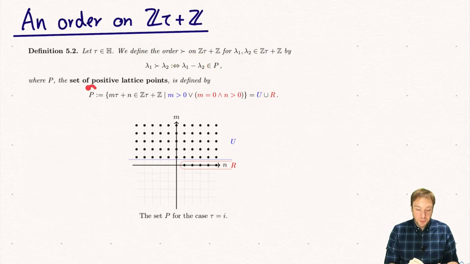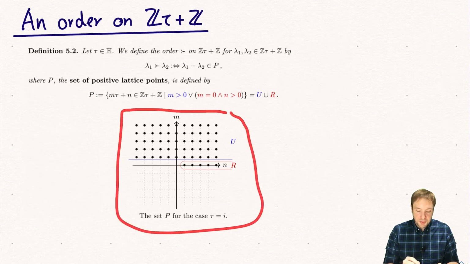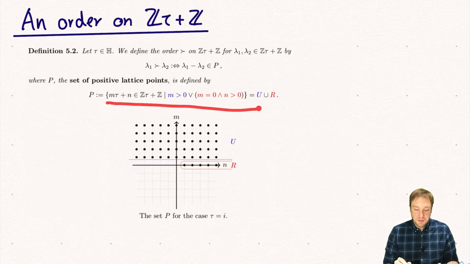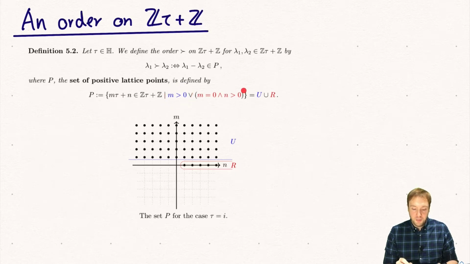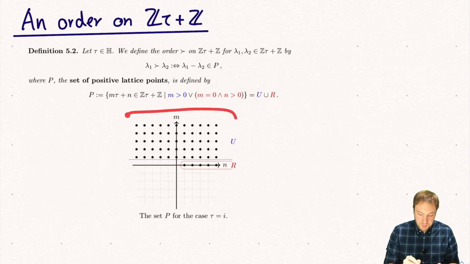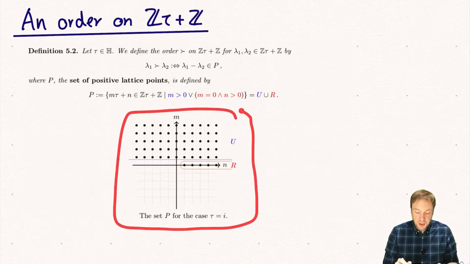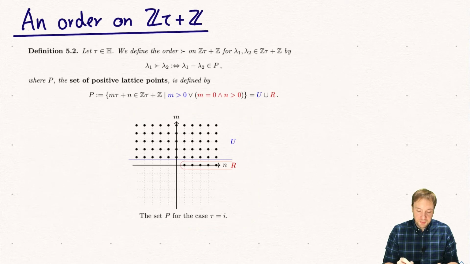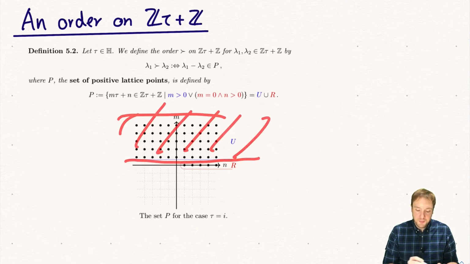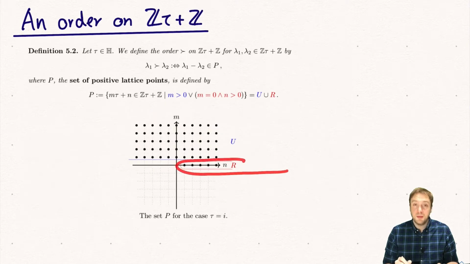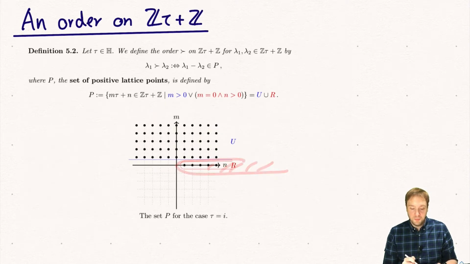Whereby P, which we call the set of positive lattice points, we define as the following subset. So P is given by all lattice points which are in the upper half plane and all lattice points which are on the positive real axis. So for example here you see in the picture, if tau would be i, then the set U are all lattice points in the upper half plane, and the set R are all lattice points on the positive real axis.